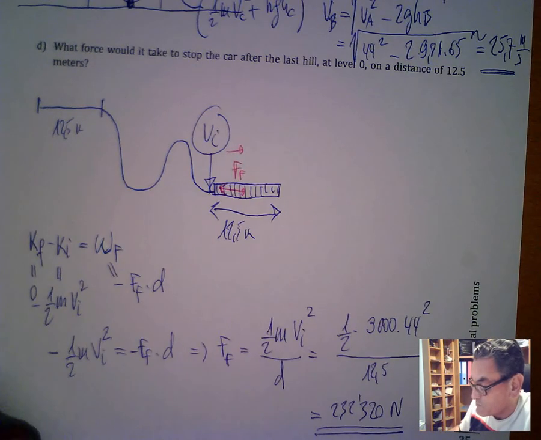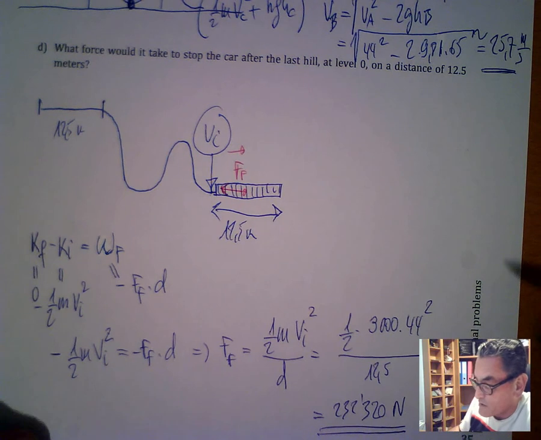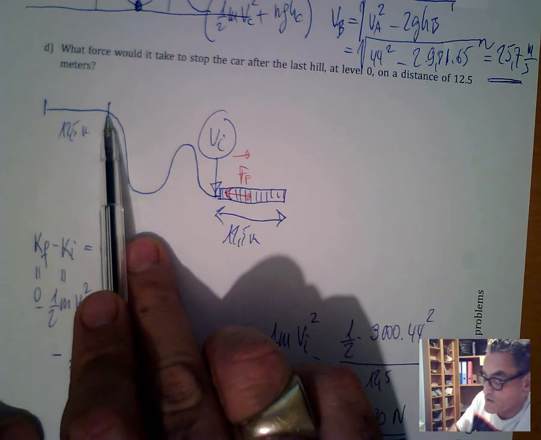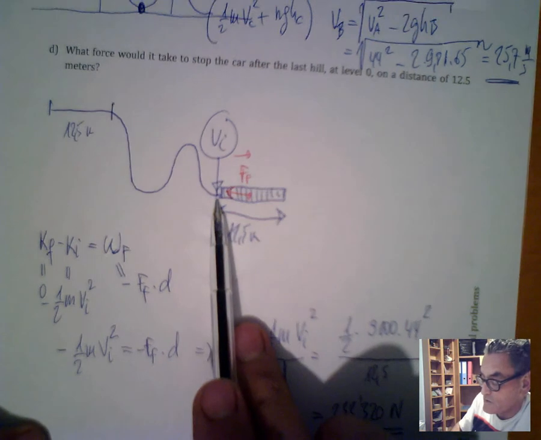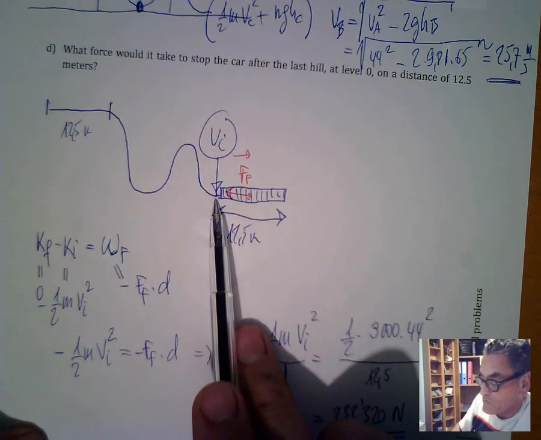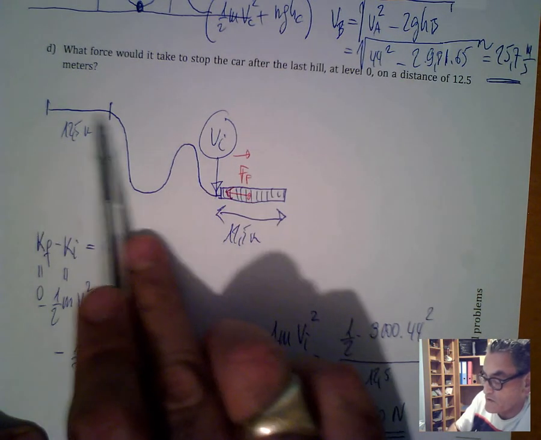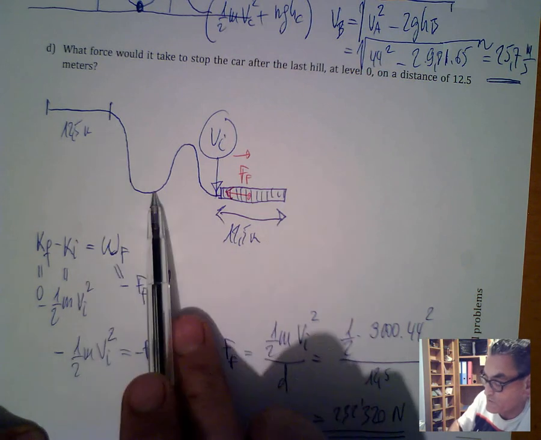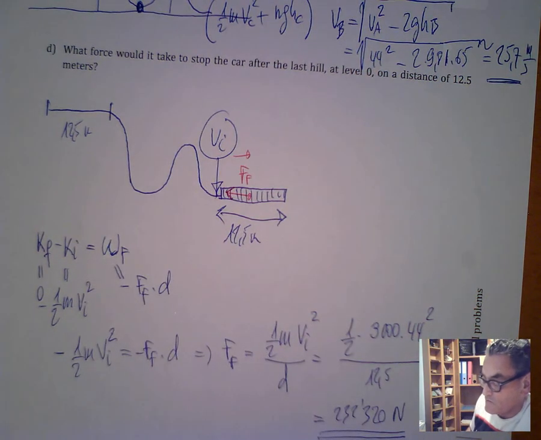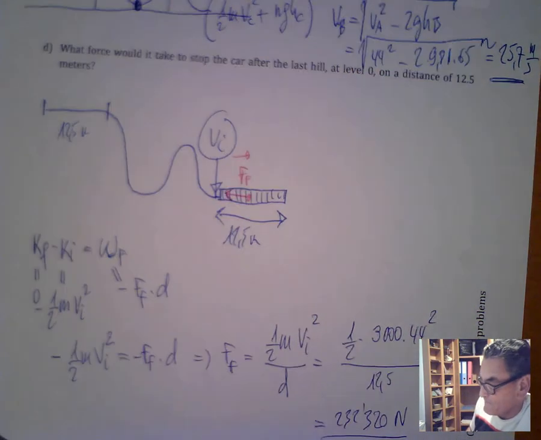So it's much bigger, much bigger than the force you need to accelerate this guy up here. Okay, so when you are here, you need to cancel the velocity that the car has acquired here, plus the velocity it has acquired by coming down 95 meters.